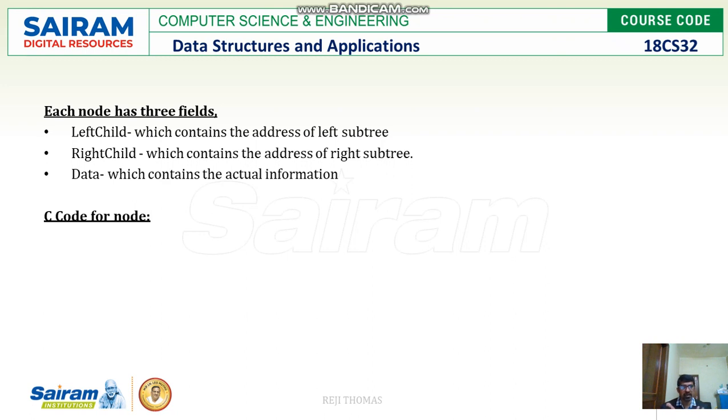Data is the actual information. So every node in a given tree will be divided into three parts to represent the node in the form of a linked list. Let us see what the actual code looks like.